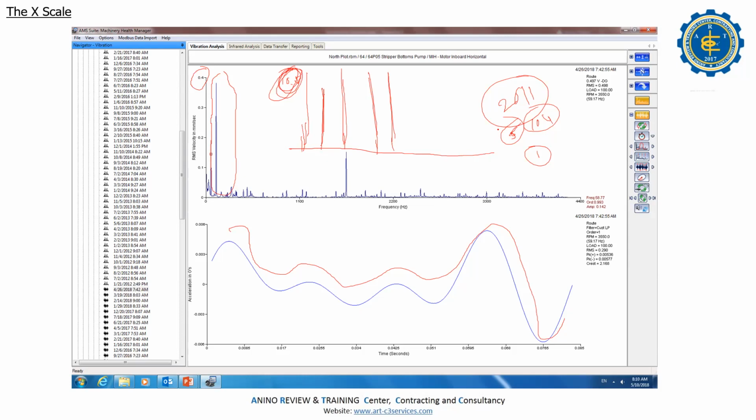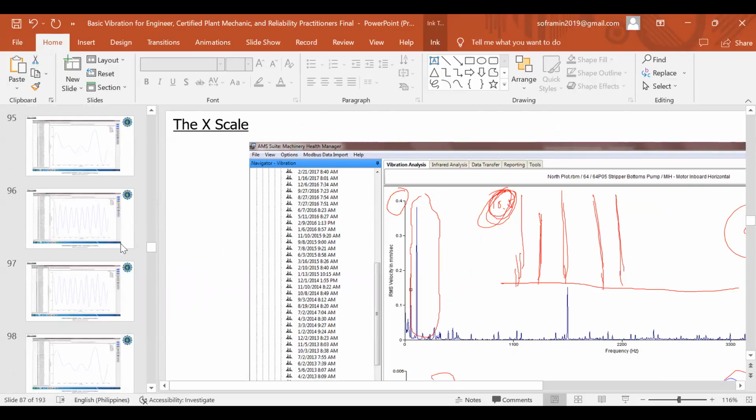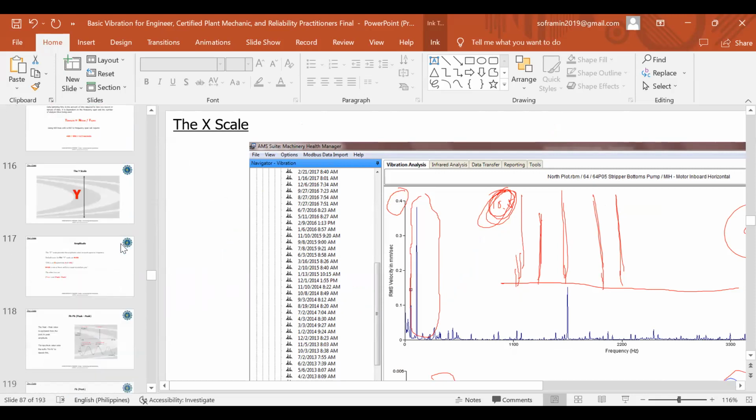What time is it in your place now? 6:20. I will see the slide, if maybe we can continue or we have to stop. We have 87 slides, we still have 100.